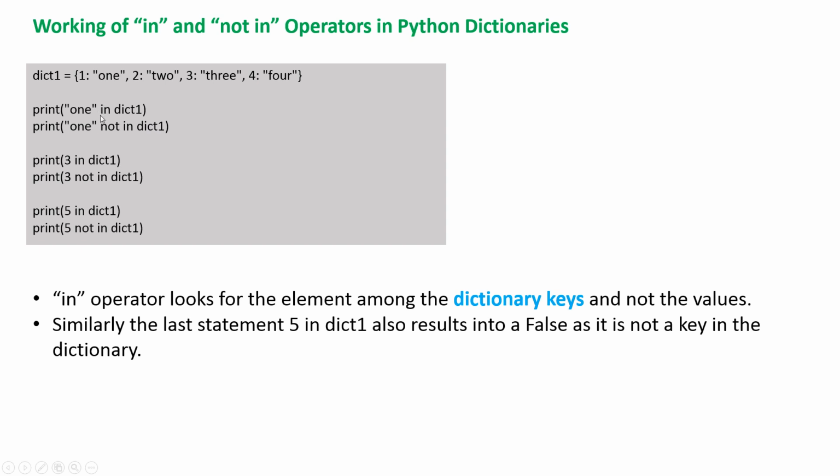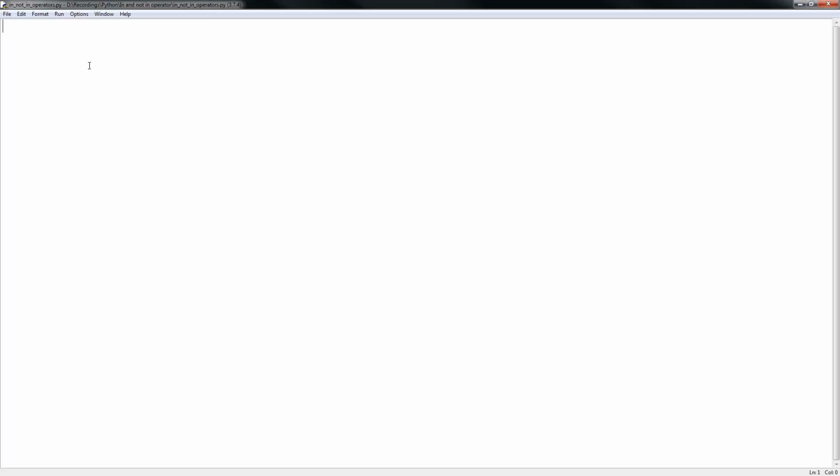So if you're using an in or a not in operator, it's going to check only in the keys and not in the values. That means these numbers 1, 2, 3 and 4, not these words which are actually values. This we will see in the demonstration.